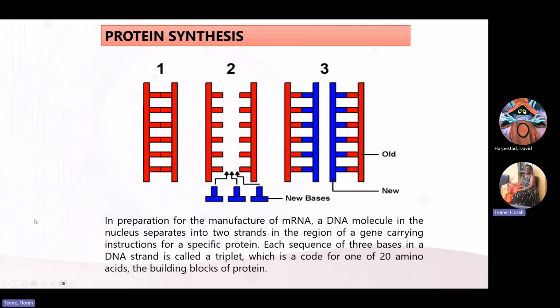What happens during the formation of proteins? One other thing that I did not mention earlier on is that the pairing of the nitrogenous bases, meaning the purines and the pyrimidines, is done in triplets. We call that a triplet of bases, meaning they are being grouped in threes.